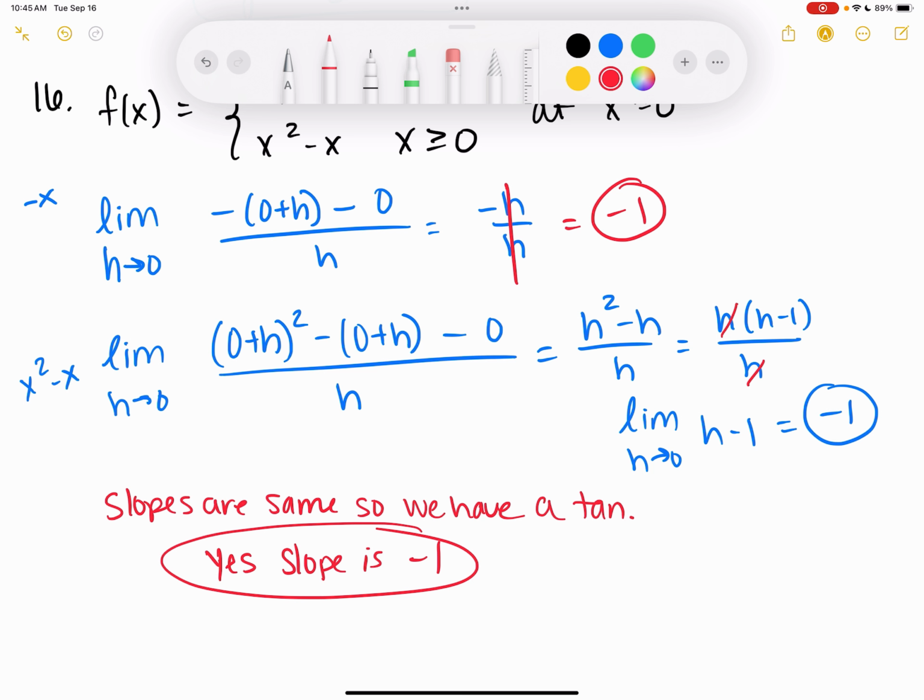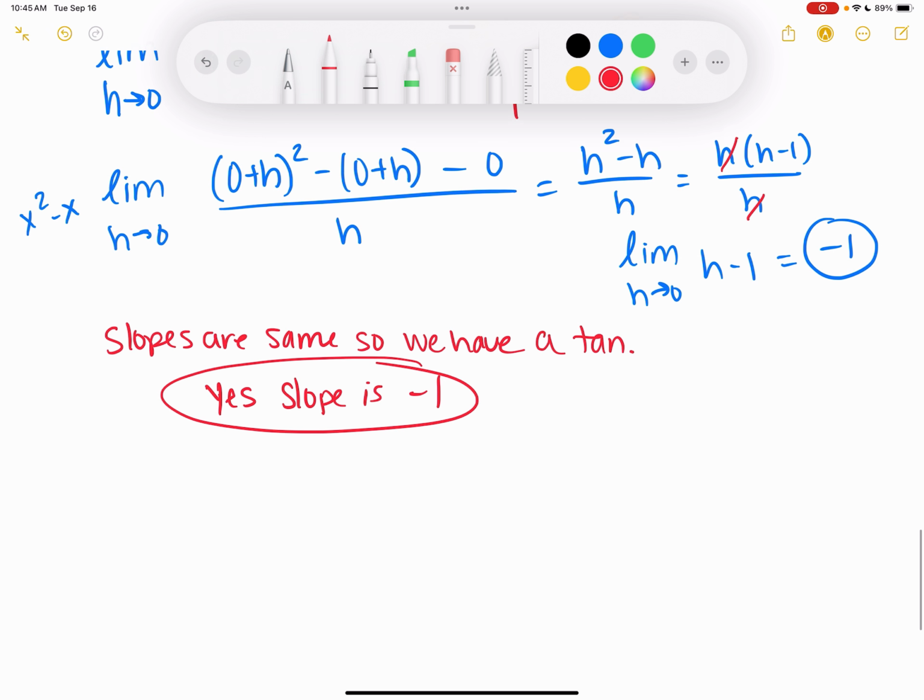Okay, 24. Find the instantaneous rate of change of the position function y equals f of t in feet at the given time t in seconds. So 24, f of t equals 3t squared plus 2t, and t is equal to 3.